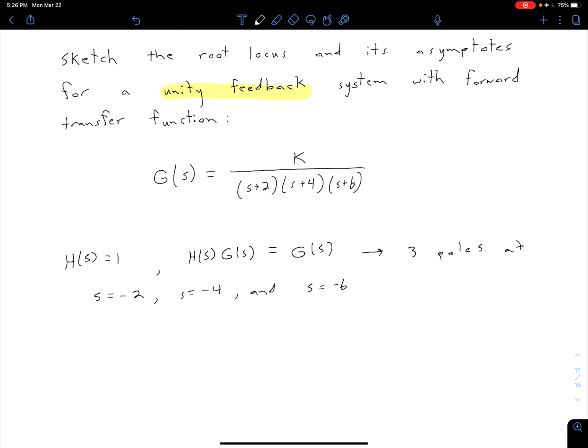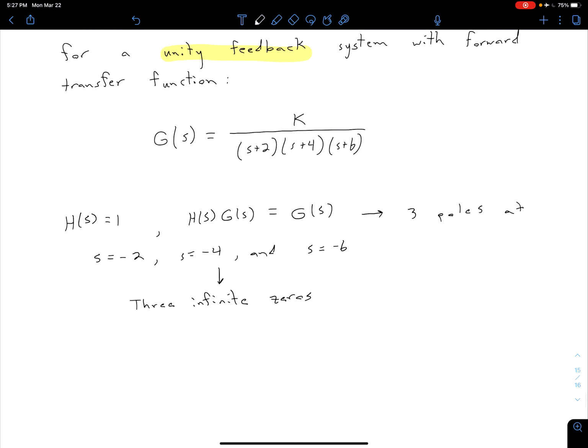As we talked about before, every pole is going to have a zero as long as we're considering infinite zeros and infinite poles. So we're going to have 3 infinite zeros, or 3 zeros at infinity, however you want to say that. That's just because we have to have the same number of zeros and poles.